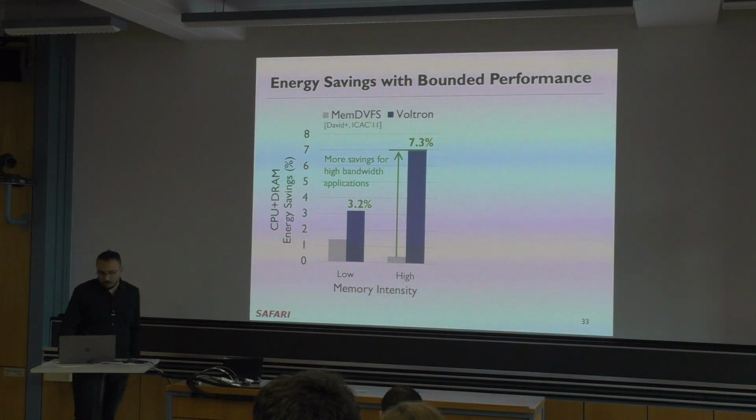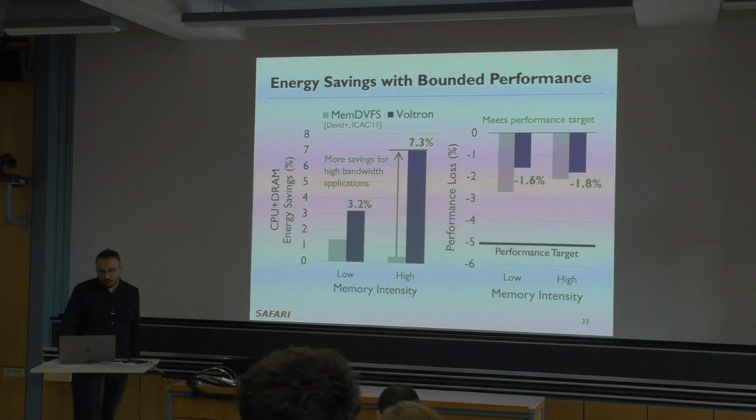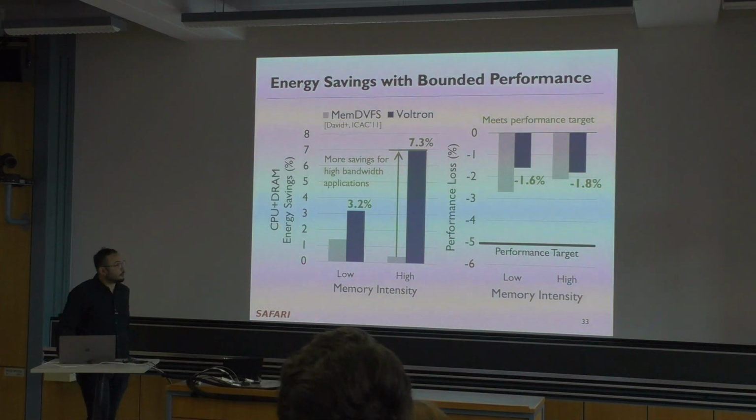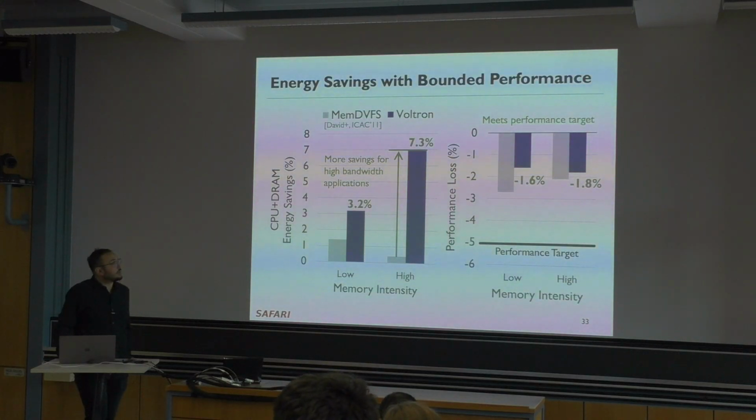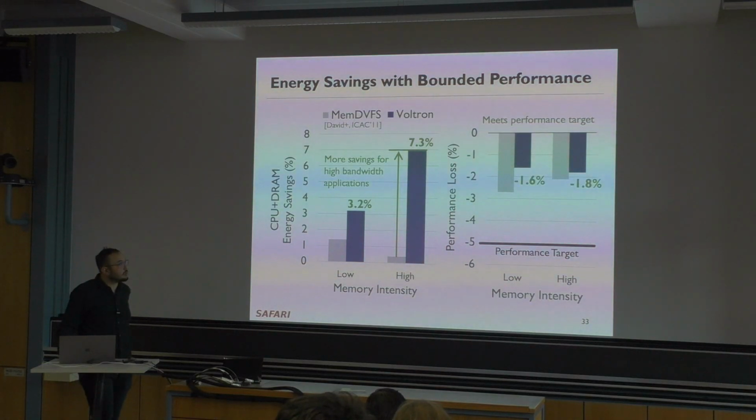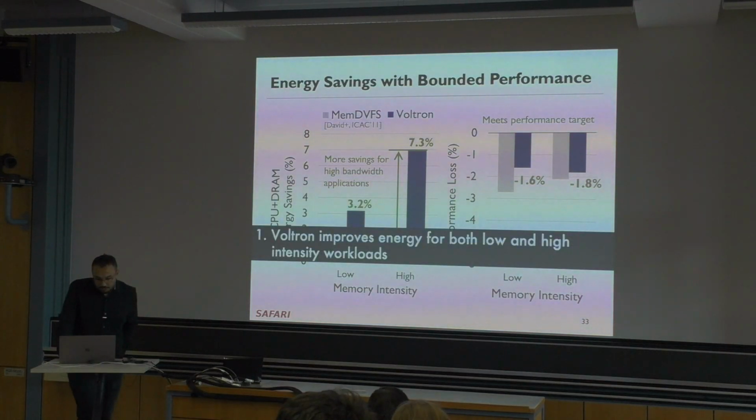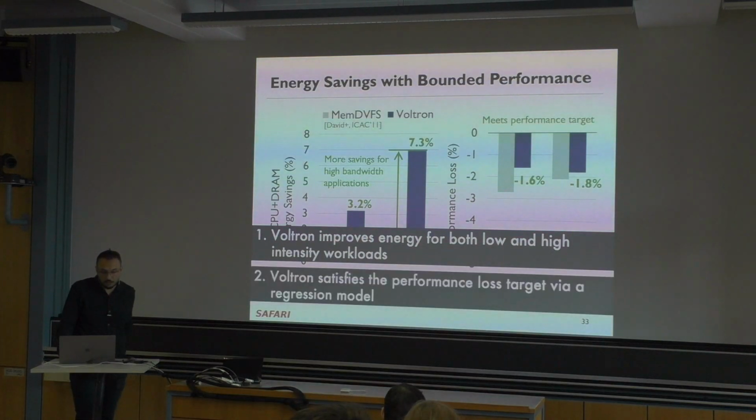When we look at the performance loss, for this evaluation we set the performance loss target to 5%, and we can achieve this energy saving within the targeted performance loss. So your application still runs at similar performance, and you save energy. It's pretty good. The important thing is that for both low and high intensity workloads, we see energy savings and the performance target match.